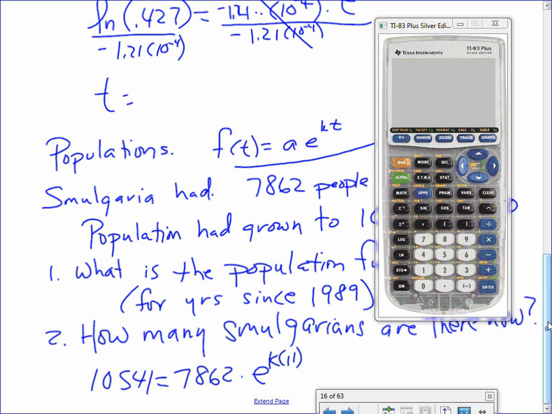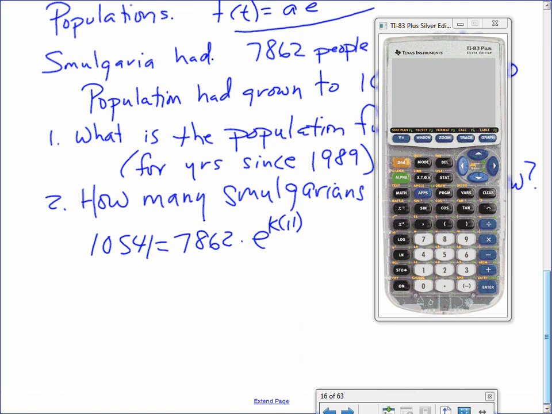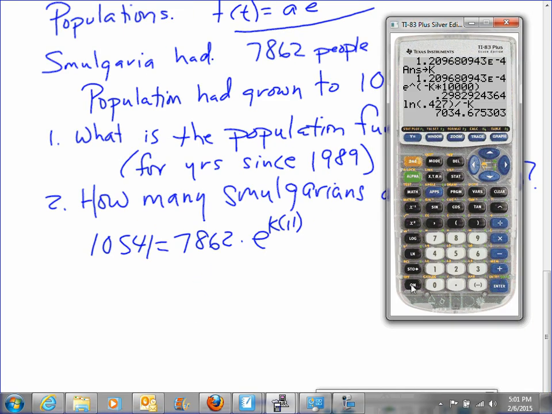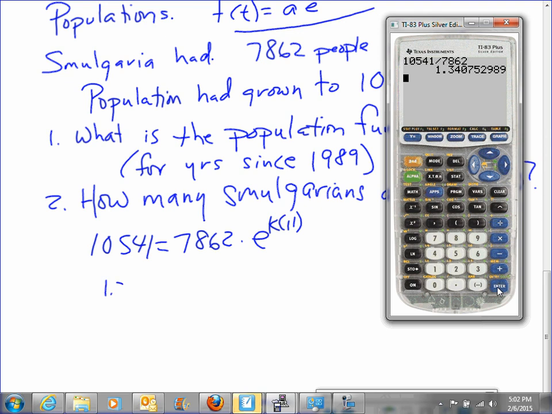First, I'm going to divide 10,541 by 7862. Now that gives me 1.34, etc., which is equal to e to the 11k.